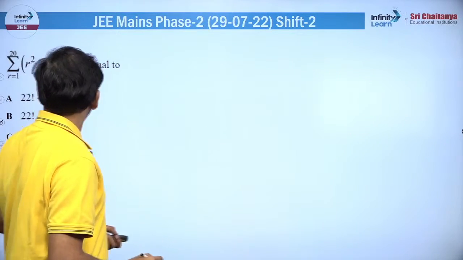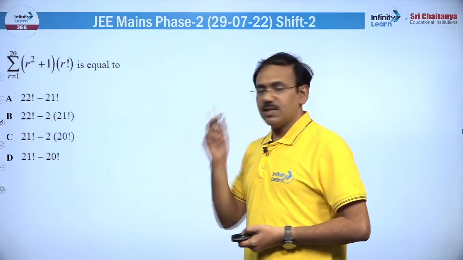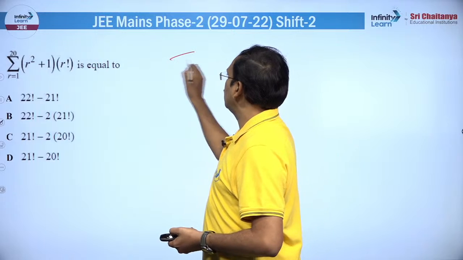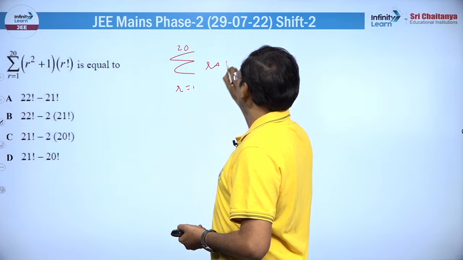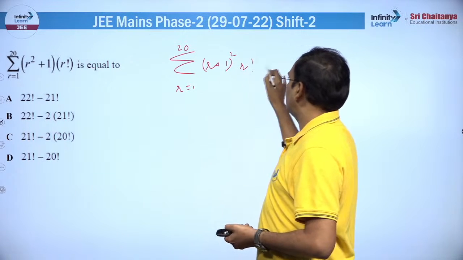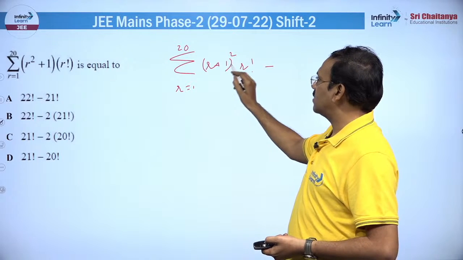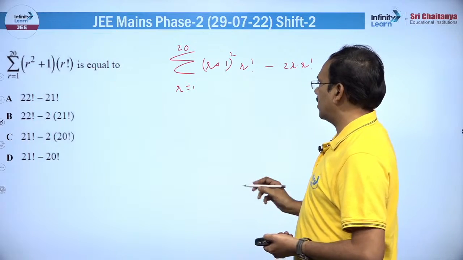Next, my dear friends, you see sigma r equals 1 to 20 of (r square plus 1) into r factorial. You can write sigma r equals 1 to 20 of (r plus 1) whole square into r factorial, minus 2r into r factorial, since r square plus 1 is (r plus 1) square minus 2r.